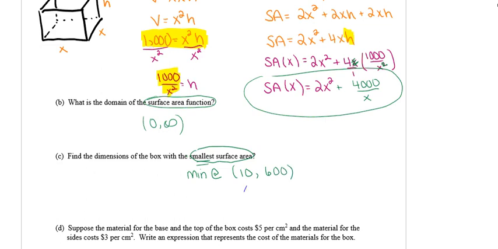And again, I'll remind you that this is x and this is y. And in our problem, x represents a side of the square, and y represented our surface area.